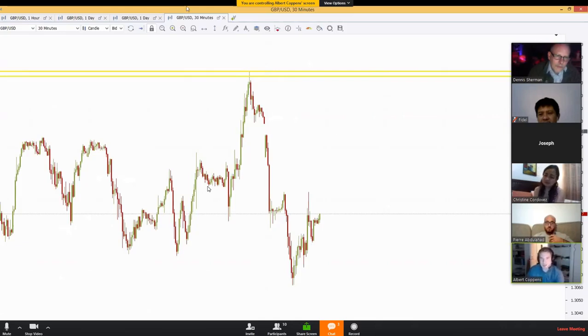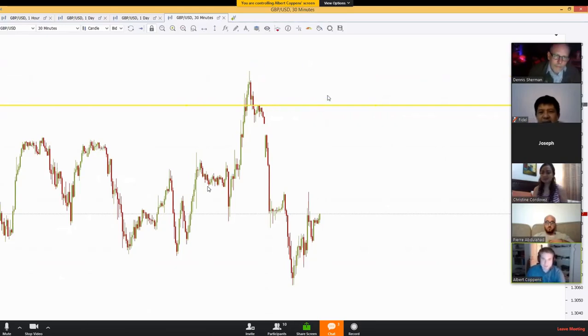In this particular case, I took my short on the gap up right here, and I could run the short as well. So I made still good money on the short, but I was a little bit late entering. This is annoying, right? Dennis would have nailed this trade, definitely a 100% hit. I almost nailed it.